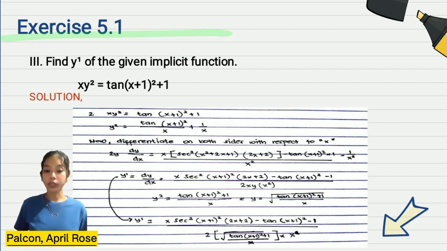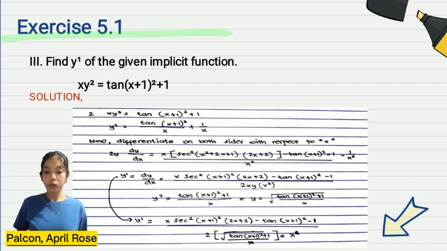So, y squared equals ((tan x + 1) squared + 1) over x. It equals y is the square root of ((tan x + 1) squared + 1) over x.